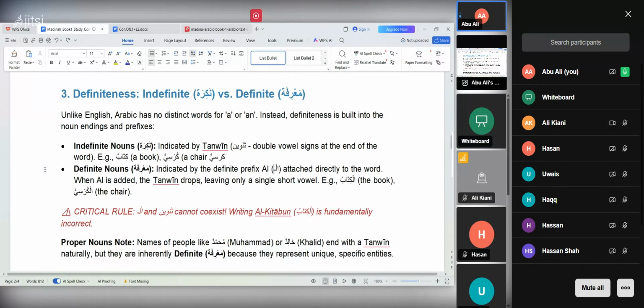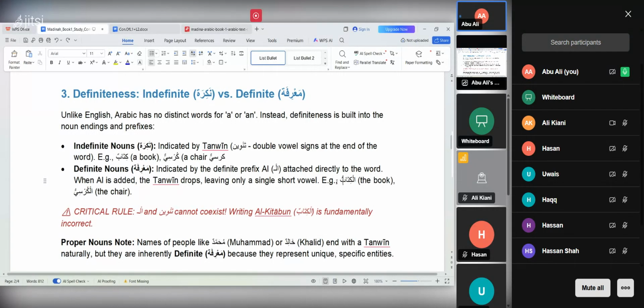Definite nouns, where were we? Did we finish definite nouns? No, you were saying you add something to. Okay, yes. So, let's say we took previously kitabun. What we would say now is al-kitabu. We dropped the tanween because the tanween is meaningless now.